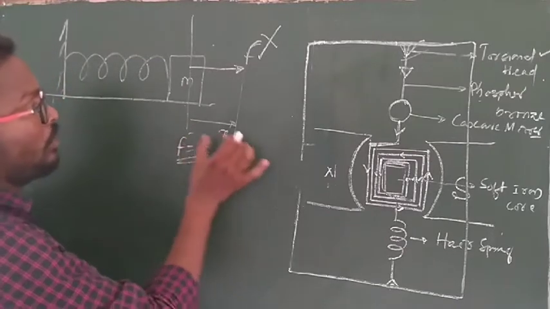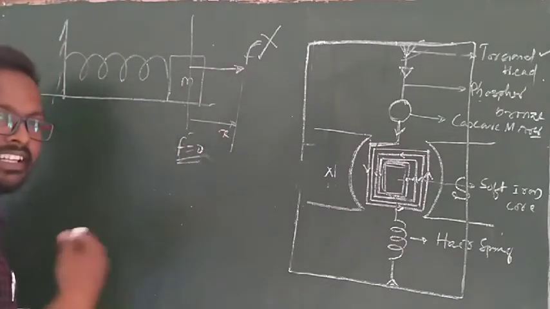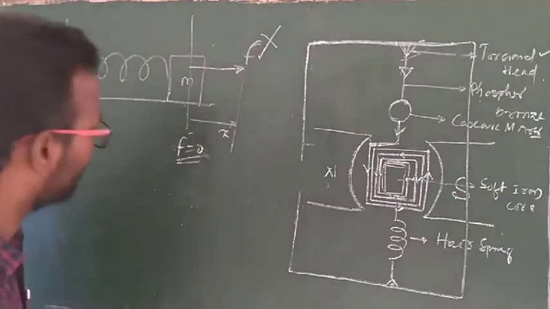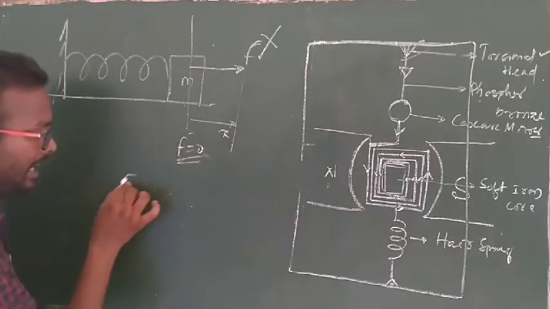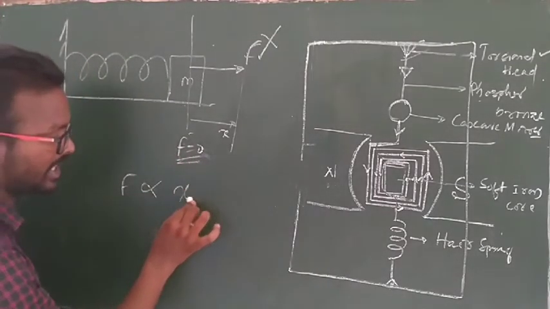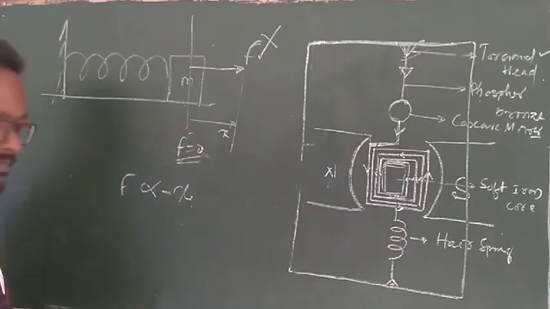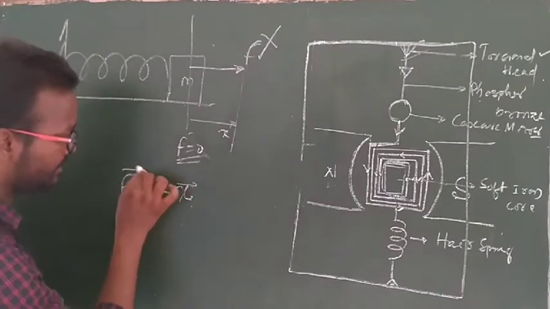Why? Because everybody wants to stay in its initial or equilibrium position. So in this case F is directly proportional to minus x, where x is the displacement.